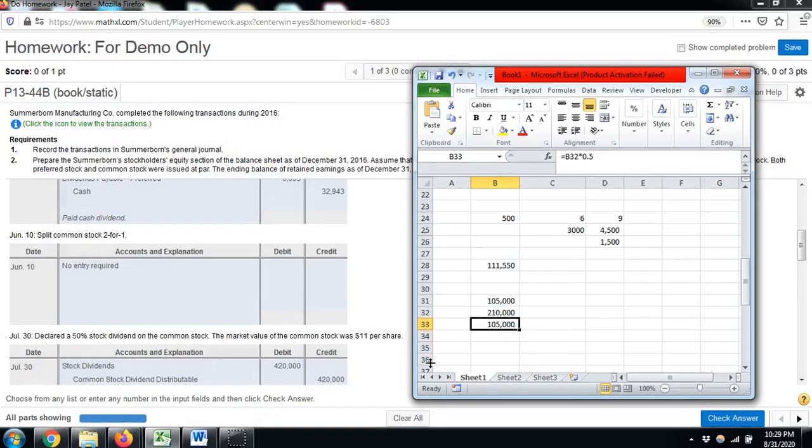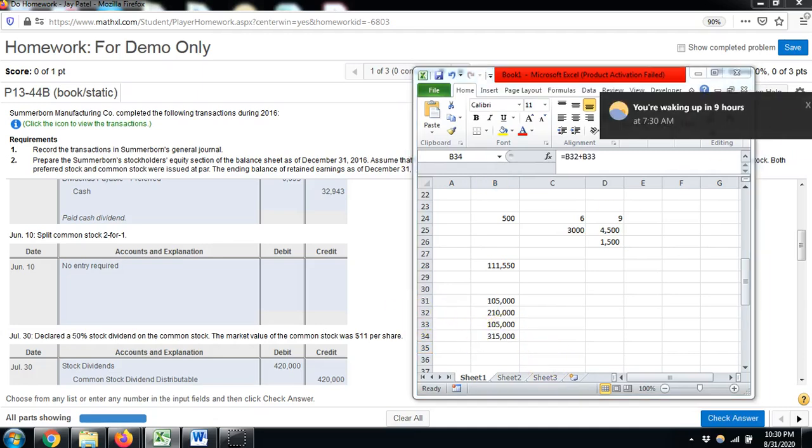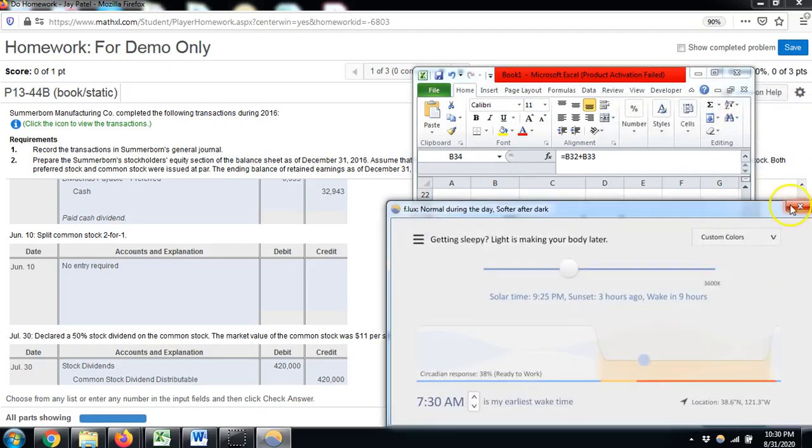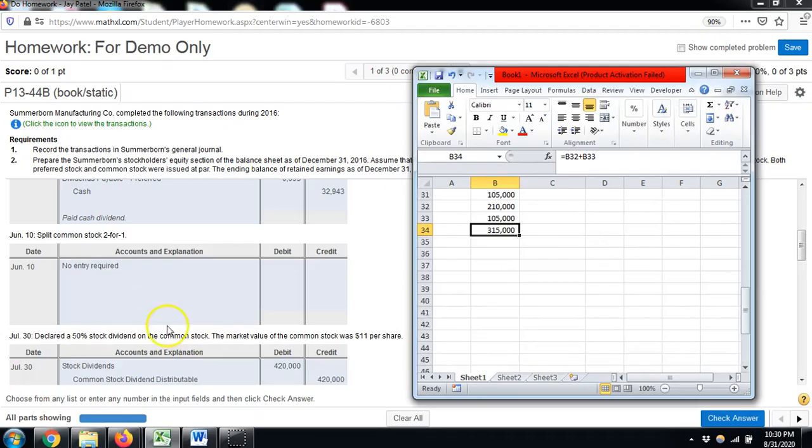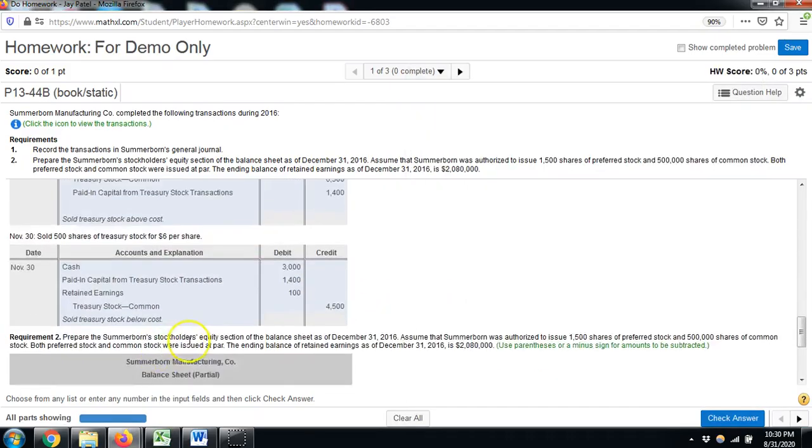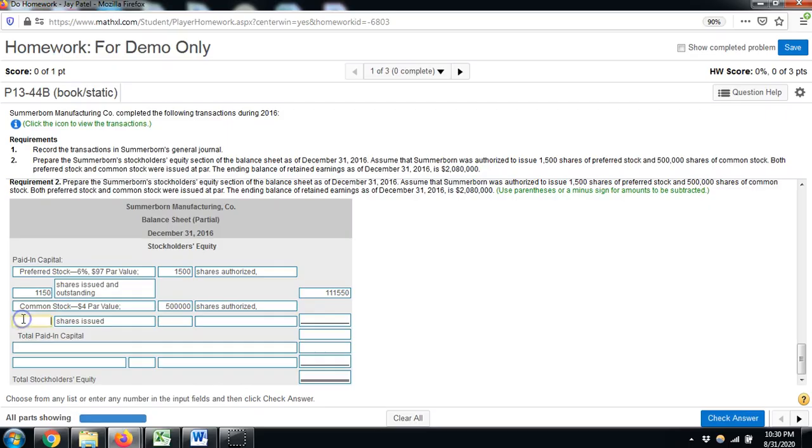So we issued 105,000 more shares. So if we take the number of shares outstanding after the split plus the number of shares issued in the stock dividend, we get a total of 315,000. So let's go put that down in our sheet here.